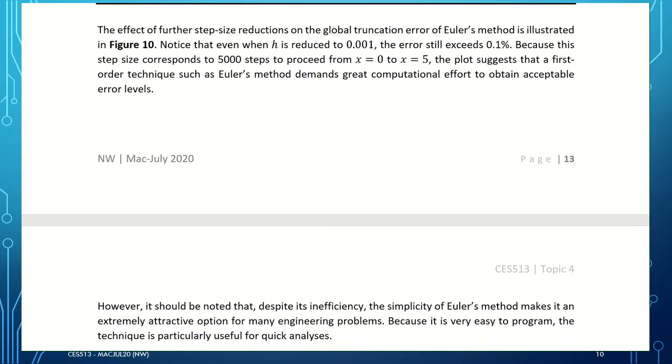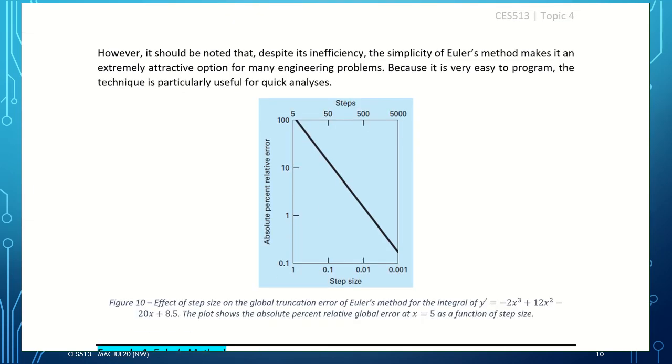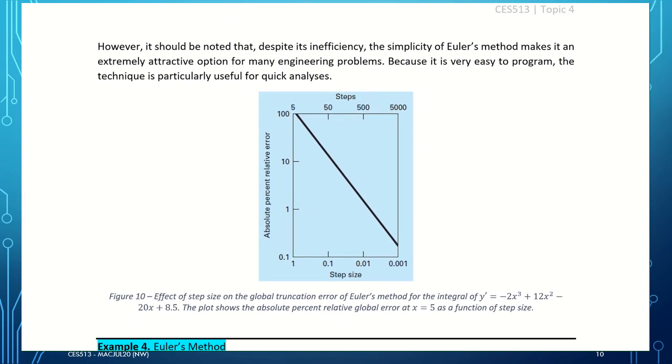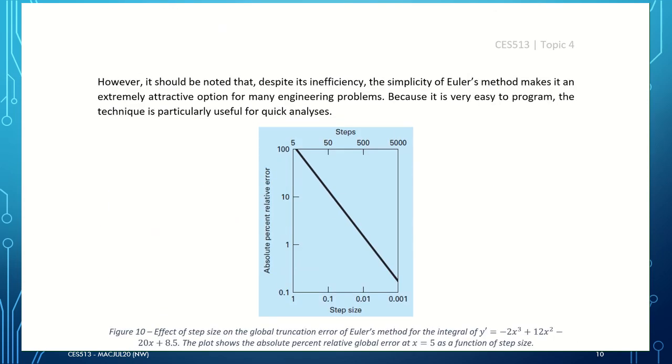Okay, the effect of further step size reduction on the global truncation error of Euler's method is illustrated in figure 10. So here is figure 10. Notice that even when h is reduced to 0.0001, the error still exceeds 0.1%, because the steps correspond to 5,000 steps to proceed from x to y.